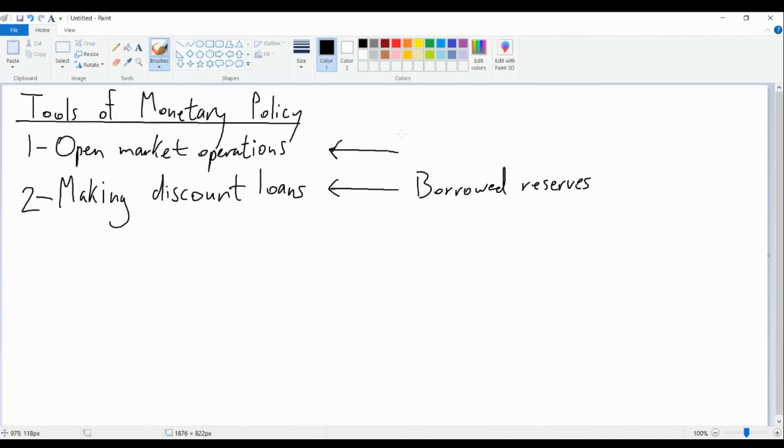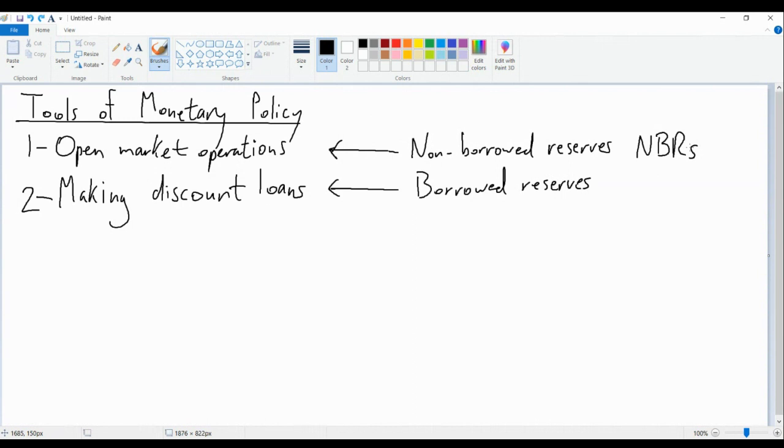Those are not borrowed. Those are created by just buying an asset. So these are referred to as non-borrowed reserves, or the text sometimes refers to them as NBRs.